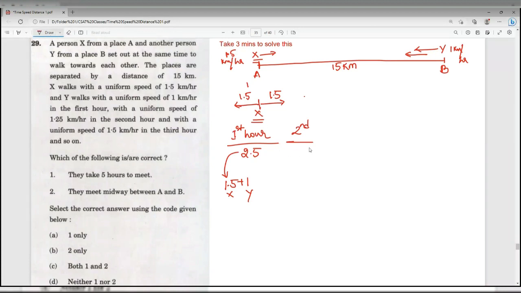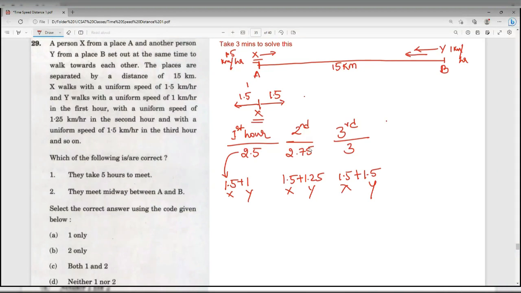So X speed is 1.5 and Y speed is 1.25. This is X and this is Y. The total is 2.75. This is the second hour. The speed in the second hour will be 2.75. On the third hour, X would be the same 1.5. X is not changing. Plus Y speed will be 1.5. So we add this, then this becomes 3.